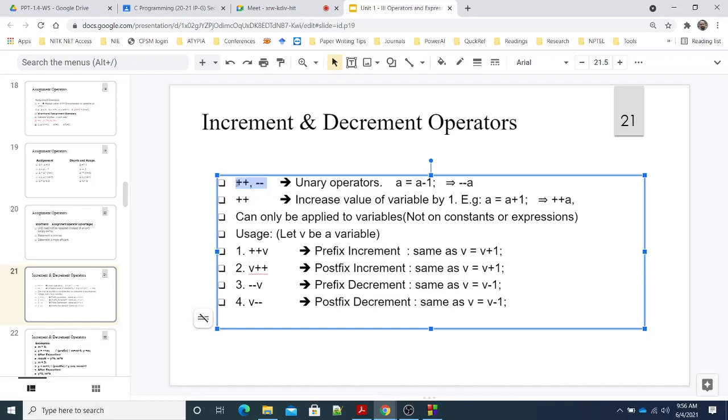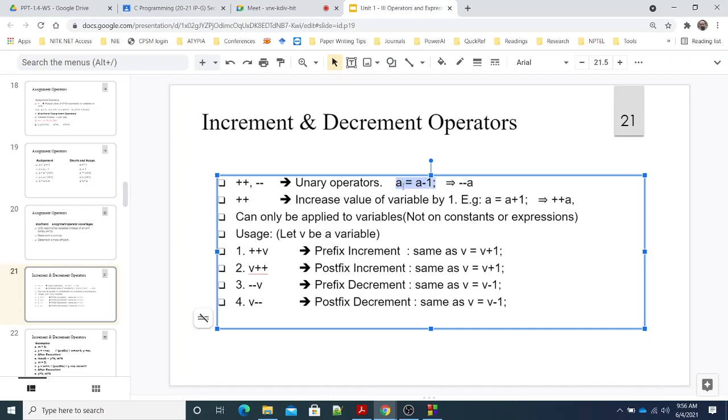Now, what is the action performed by this operator? This will increase the value of the input variable by 1. This will decrease the value of the input variable by 1. So, effectively, instead of doing a is equal to a minus 1, when you want to decrease the value of a variable a by 1, you can directly do minus minus a.